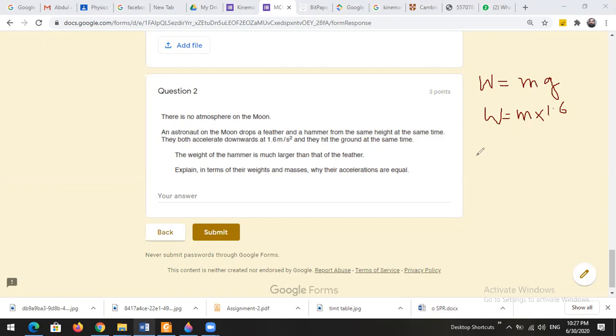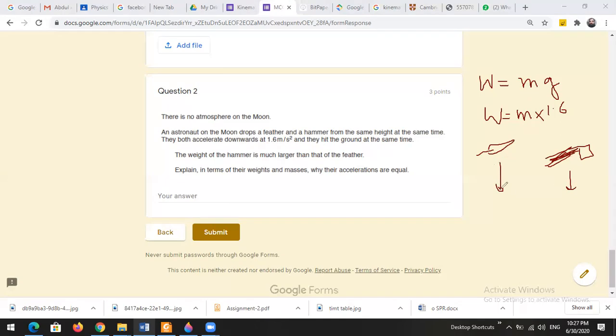So suppose this is a feather and this one is a hammer. This is moving downward because of gravity.